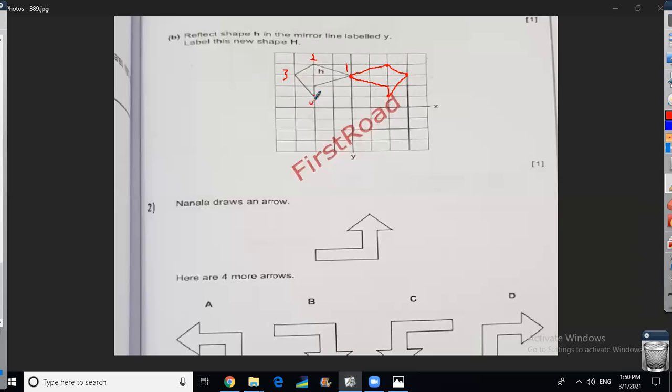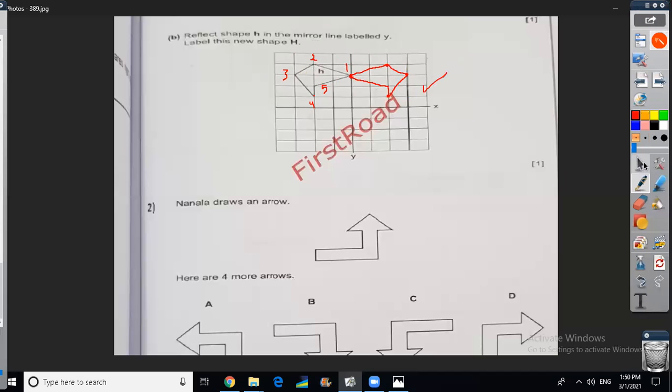Here, 4 after reflection, 2, done. 5 vertices, so 1, 2, so 1, 2, done. Here it is. All right, so now done with the shape.